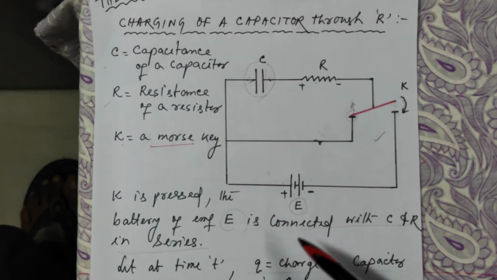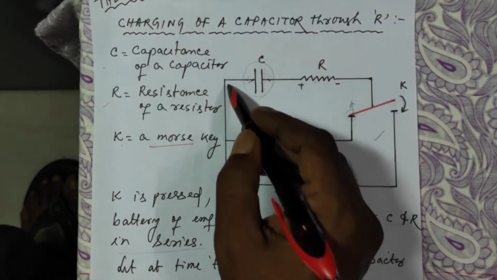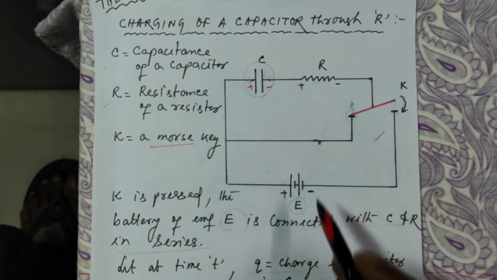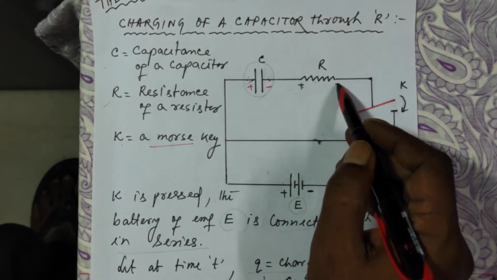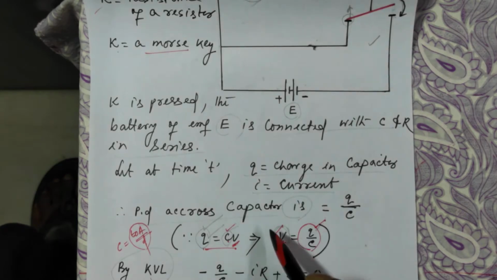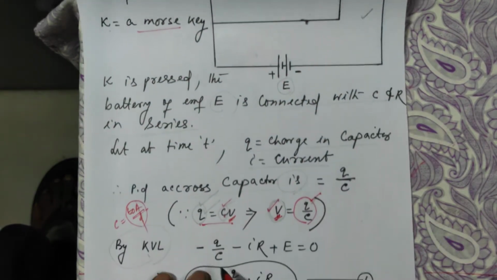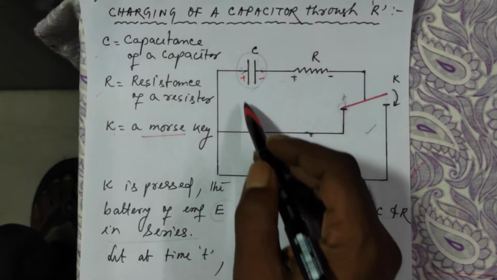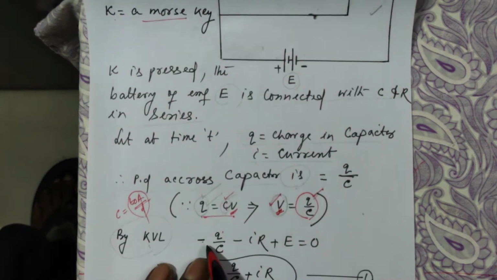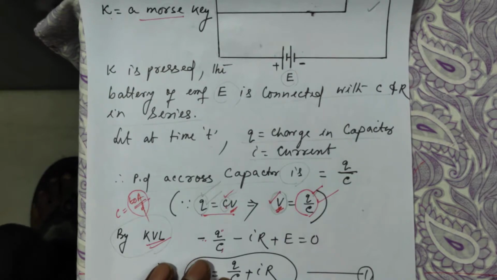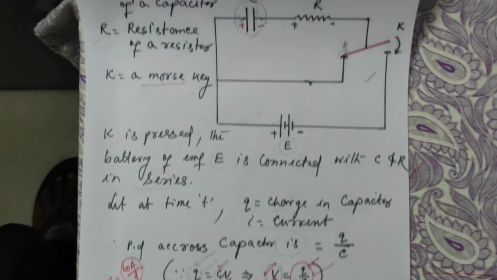Let us start from here, going from positive to negative. So minus Q by C, from a higher potential to a lower potential. This is what I explained in solving numericals in current electricity.